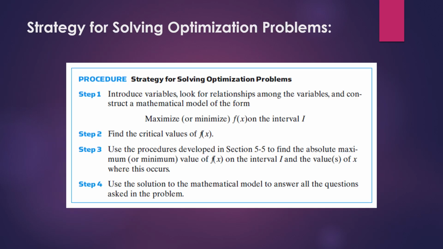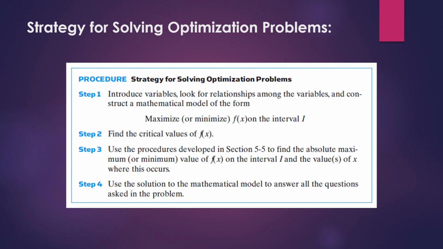So, some strategies for solving optimization problems. The first thing that we want to do is introduce variables and look for relationships among the variables. This is like when we were saying our dimensions are going to be x and y, so our area is x times y.